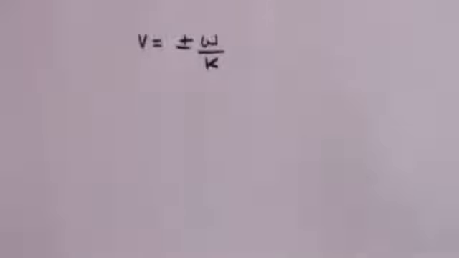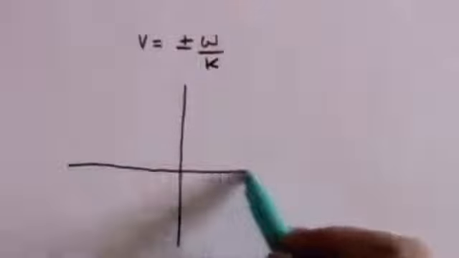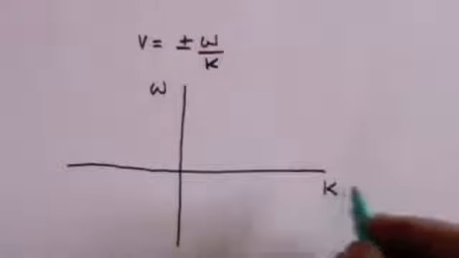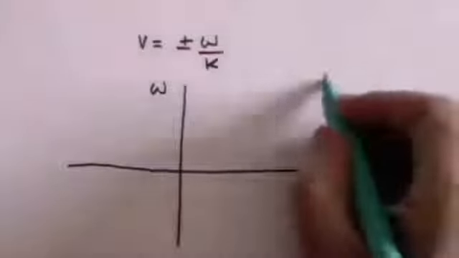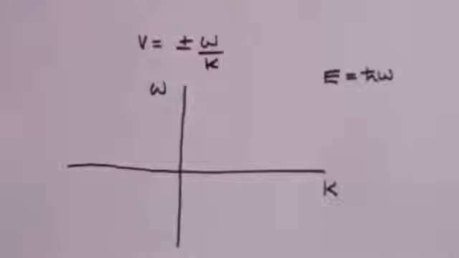So suppose I now draw a graph of omega against k. Now remember that omega is essentially a proxy for energy, because energy is h bar omega. And if we set h bar equal to 1, which of course we're constantly doing, then energy is omega.